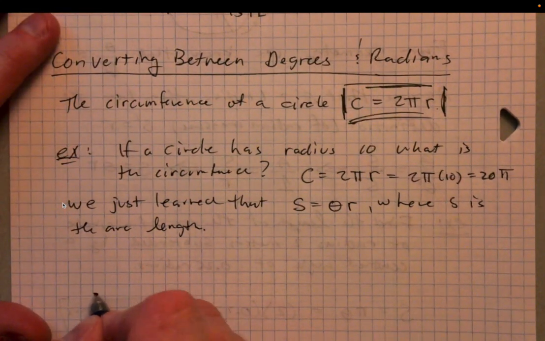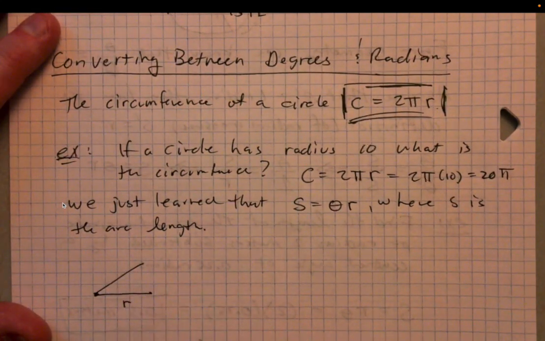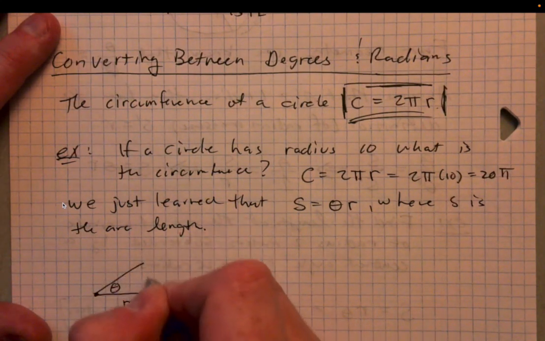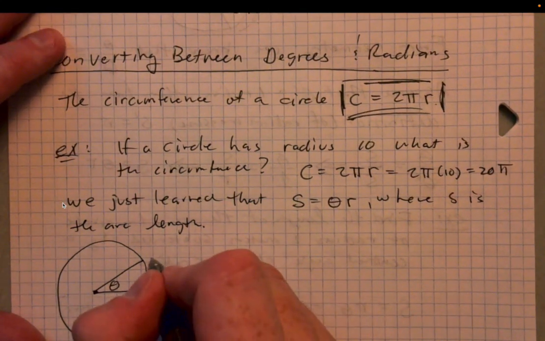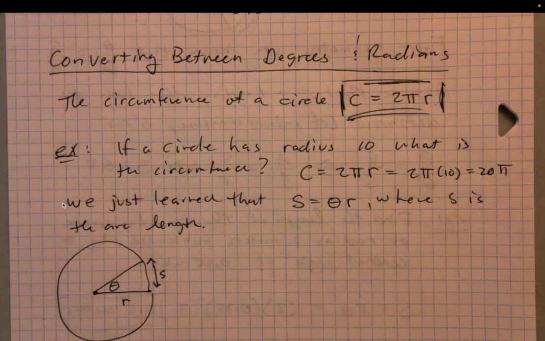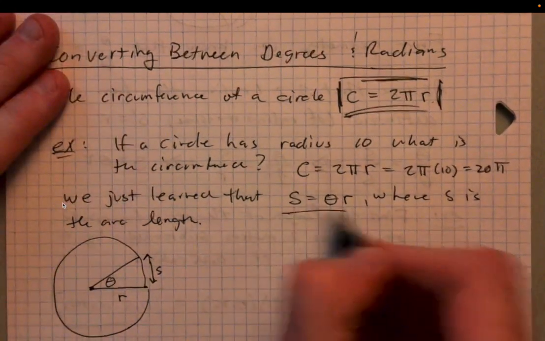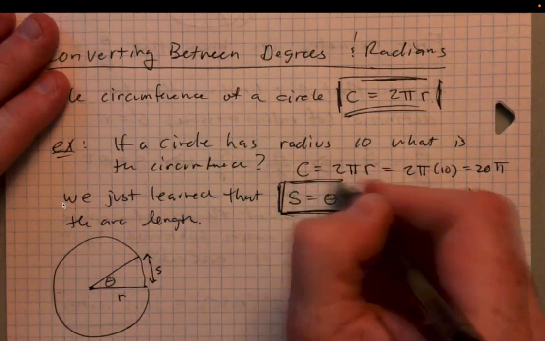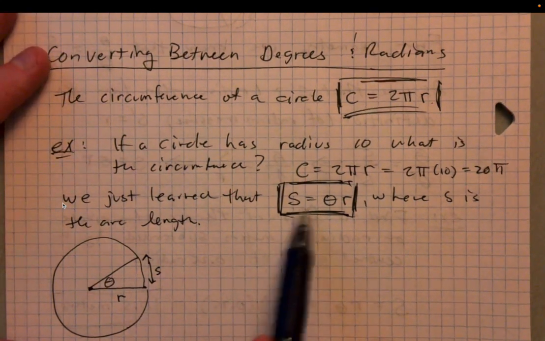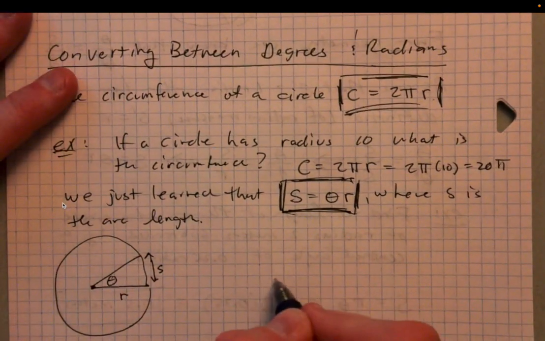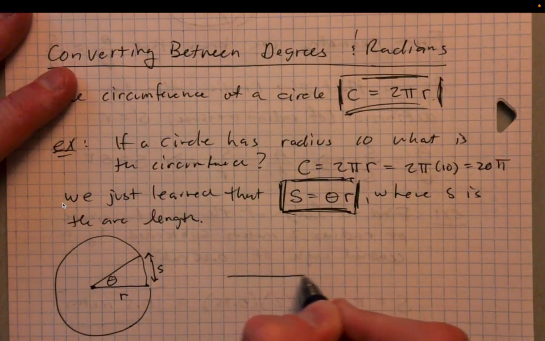So we've been thinking about it like this: if I've got my r, I've got my theta, and this is my S, this distance here. Now, these two formulas, when you put them together, can reveal the connection between degrees and radians pretty easily. But what if instead we think about it like this?